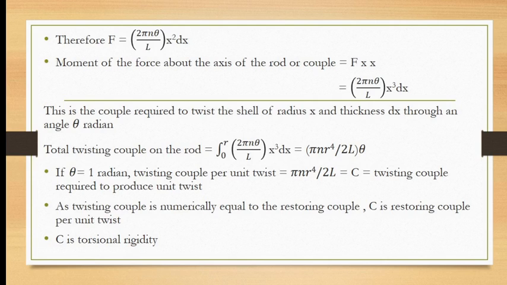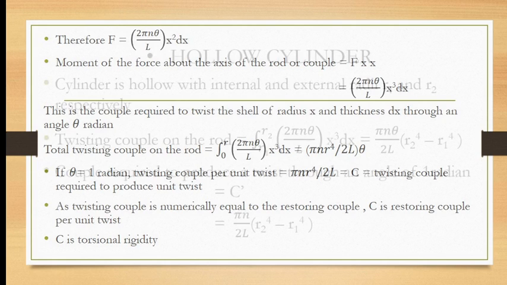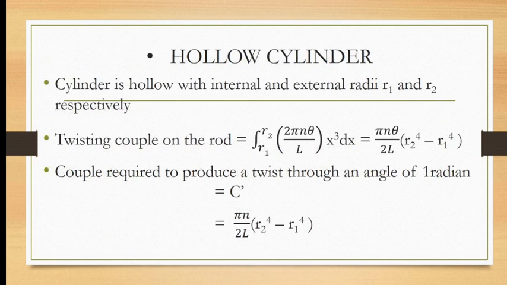Now we had considered a solid cylinder, isn't it? Now we are considering a hollow cylinder. A hollow cylinder means it will have an internal radius and an external radius. Internal radius R1 and external radius R2. So how can we integrate?